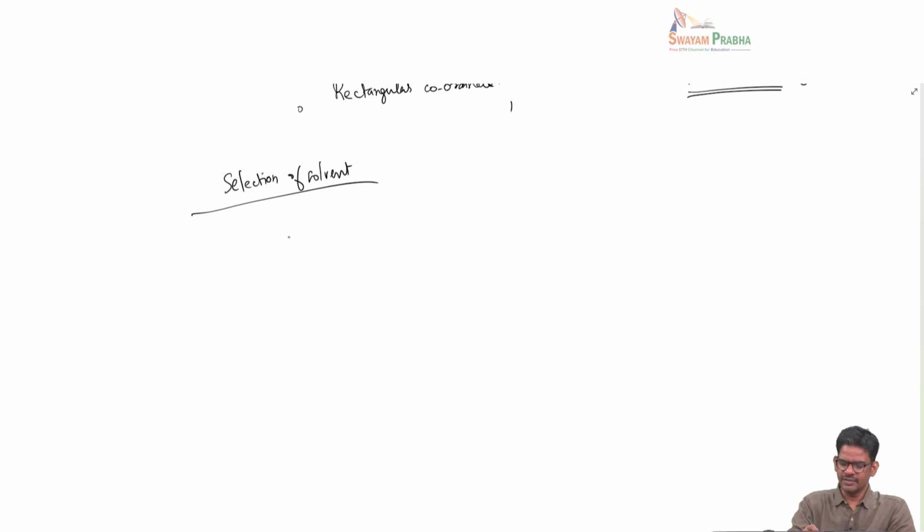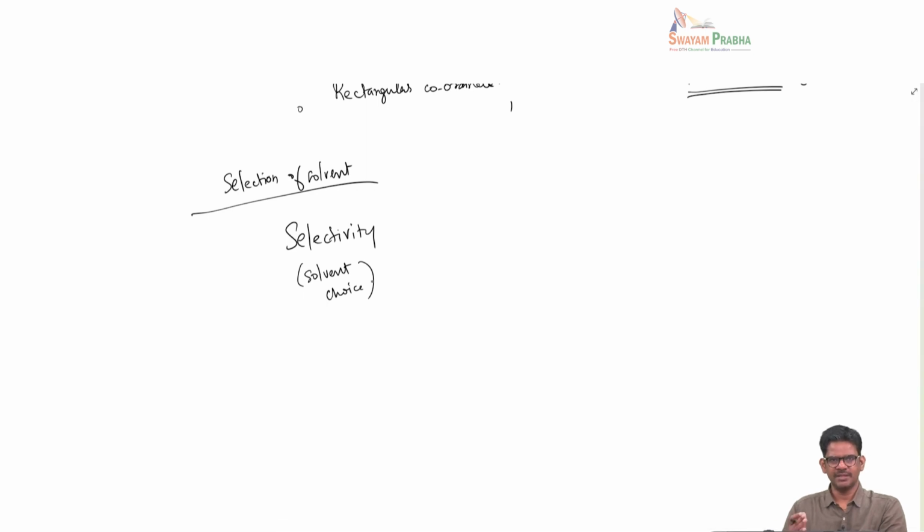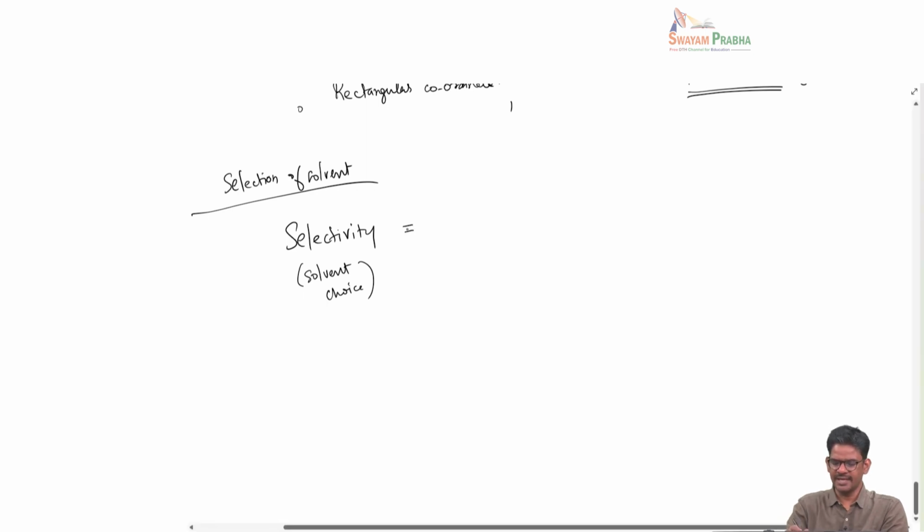So we could define what is called selectivity, and this is related to the solvent choice. When you choose a solvent, you basically find the range of selectivity values, and then choose based on higher selectivity.